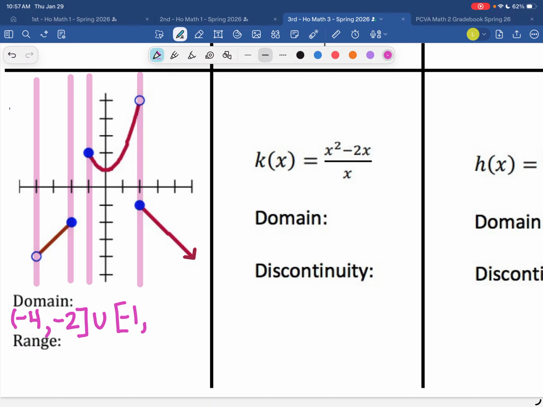I'm not going to say that it goes to -2 because I know there's a jump there, but the 2 is still included. I don't need to state the domain of 2 separately because 2 is still included in the domain. What I do need to do is say that the x's are going to continue to go to the right, to positive infinity.